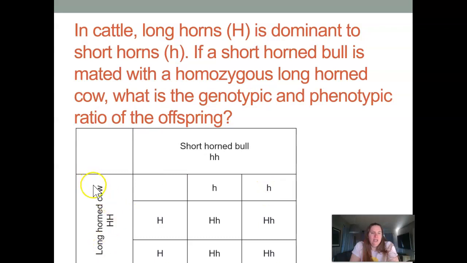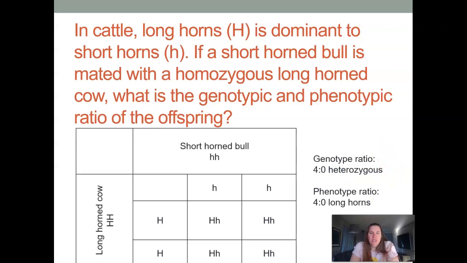And the cow is homozygous dominant, so she has 2 capital H's. So we're going to put 1 H here and 1 H here. And now we're going to do our cross. H here, lowercase h gives me this one, and H gives me this one. You can see that when we cross 2 homozygous parents, we're always going to get 4 heterozygous offspring.